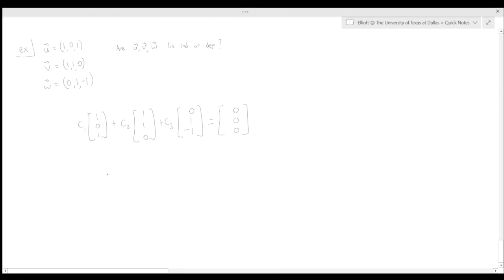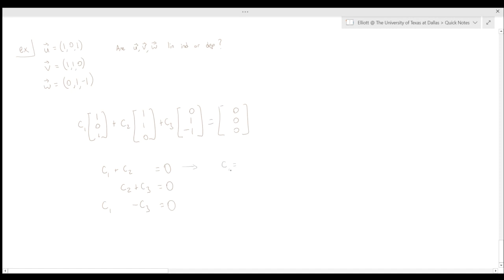This leads us to a system of equations, which I'll write out by looking at the components of the left and right-hand sides. I'm going to very quickly try to solve it.